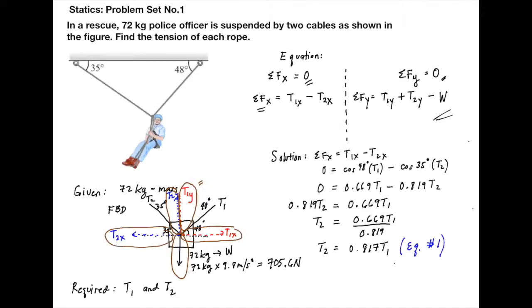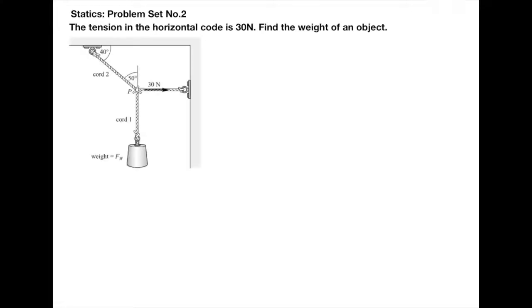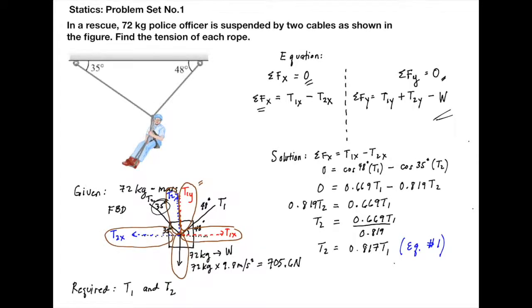So we could represent it as sine of 48 degree times the value of the T1 plus the other one, which is 35 degree, and that will represent a sine of 35 degree multiplied to T2 minus the weight, and the weight is 705.6 Newton. This is the weight.